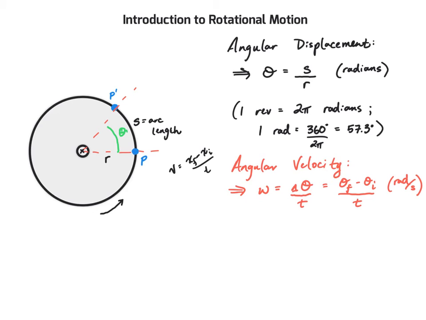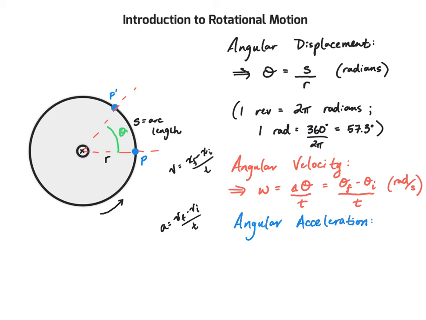Now finally, let's say that this compact disc is really starting to get going. It's going to start moving faster and faster and faster. It's rotating faster and faster. Well, then we have angular acceleration, and we dealt with angular acceleration in that simulation that we did today. Again, we can relate this back to uniform 1D kinematics, where acceleration was equal to v final minus v initial divided by time.